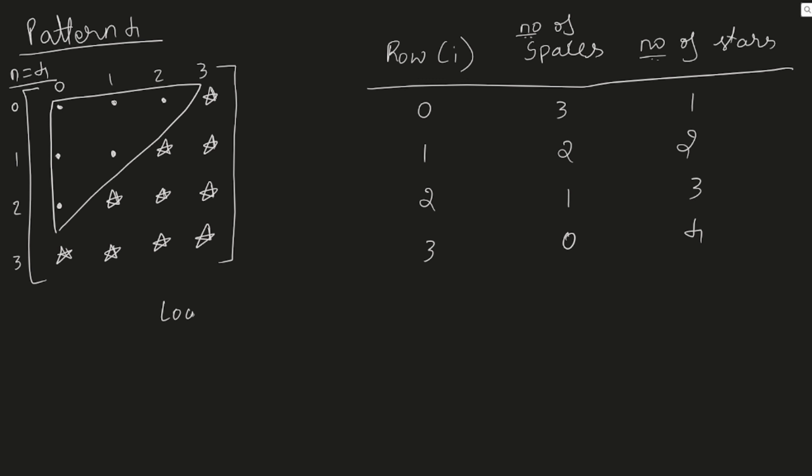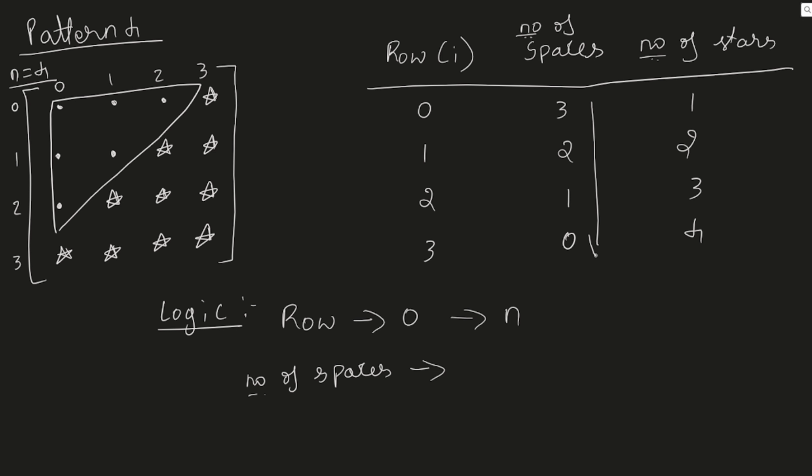Now, as always, we need to write a logic for number of spaces and number of stars. For row, we always know we write a for loop from 0 to n. Here we need to write a logic for number of spaces. Can you observe the pattern here? The number of spaces is getting decreased for every iteration of row. If that's the case, can I just not subtract I from n and then minus 1?